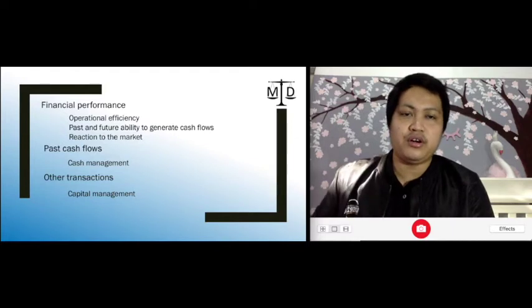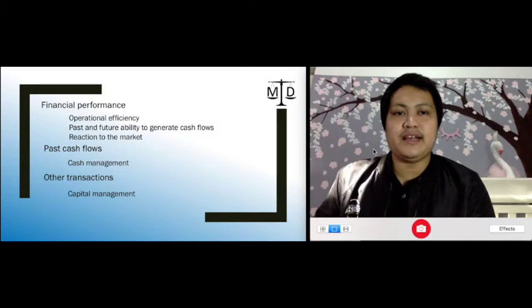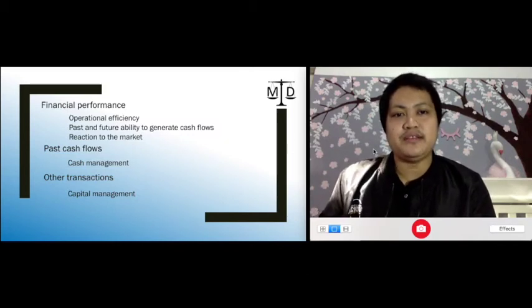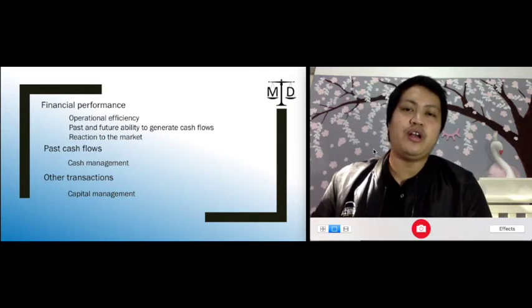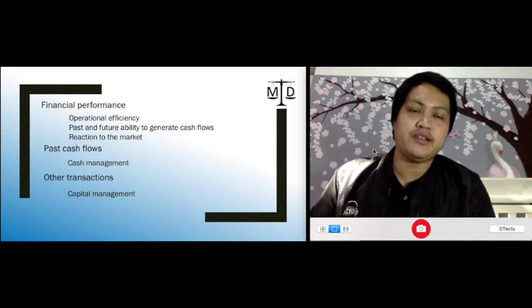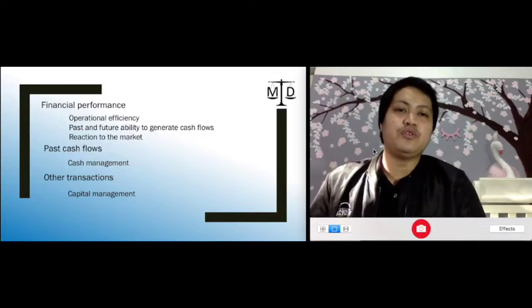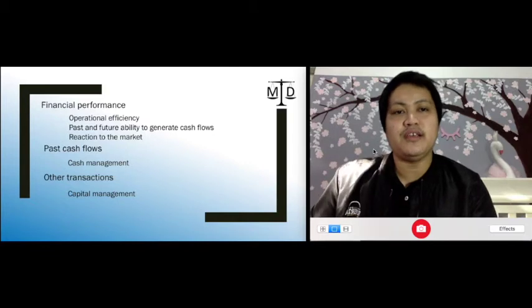Of course, our financial reports are based on past information, so they can tell us how we were able to generate cash flows in the past. But using the same historical information, we would be able to make a prediction on how the entity would generate cash flows. Also, the financial performance of the entity is a reflection of how it reacted to changes in the market.